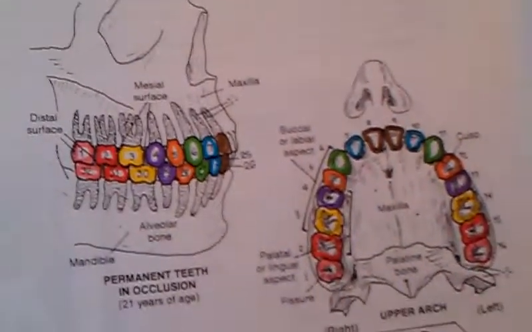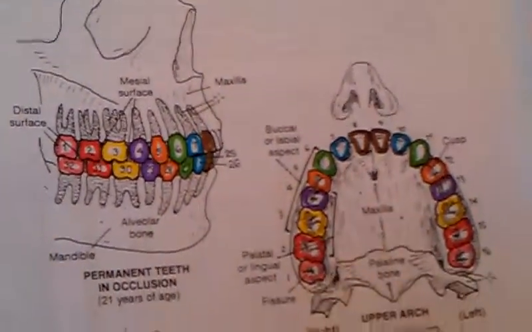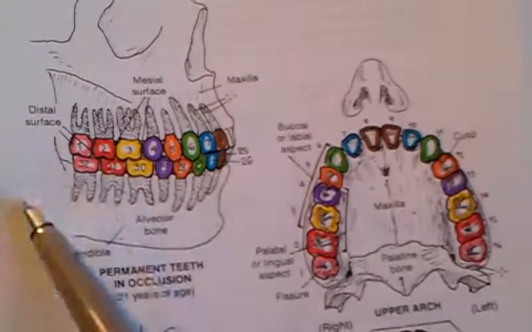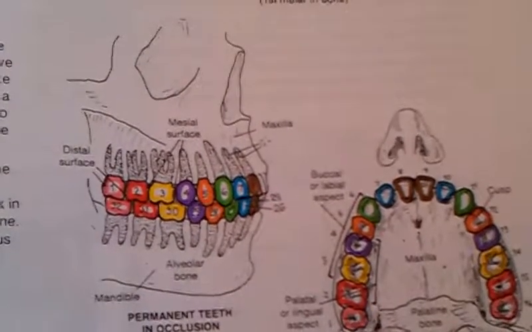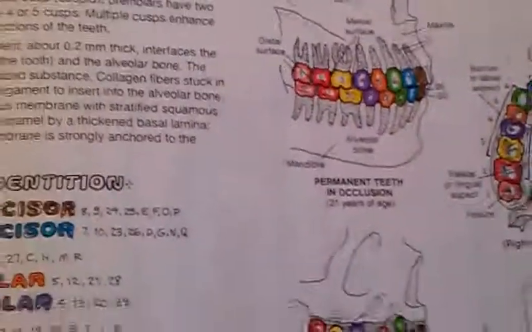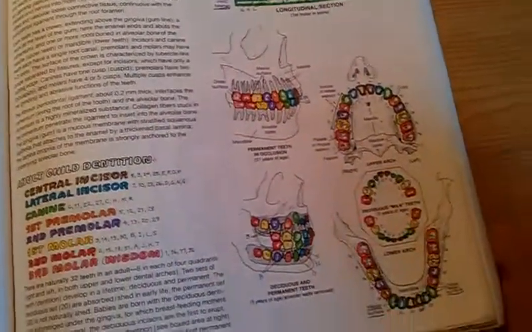The teeth are arranged in 2 dental arches, one upper and one lower dental arch. And we have 2 sets of teeth during a lifetime.